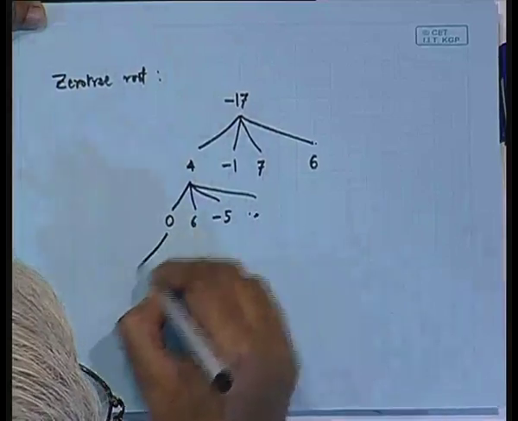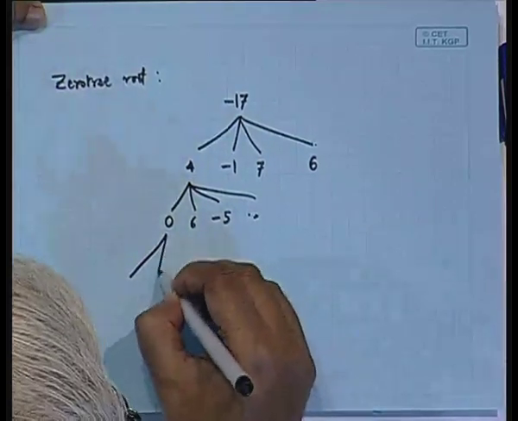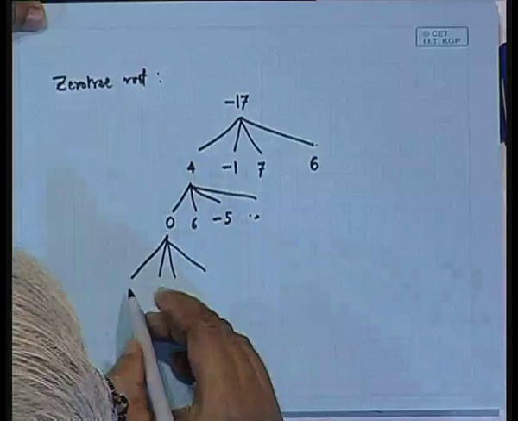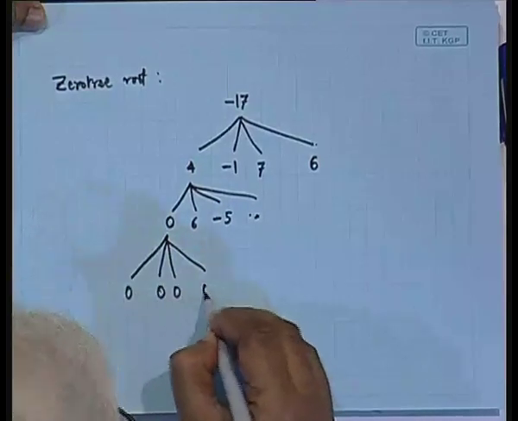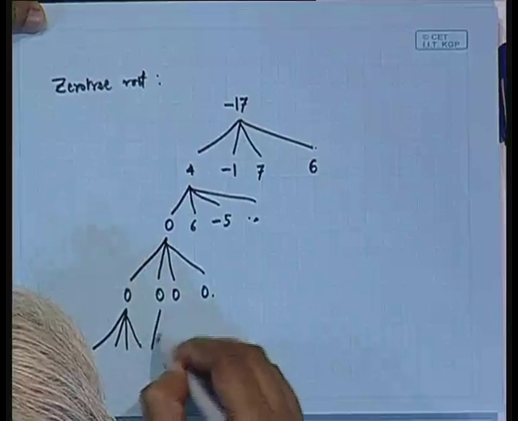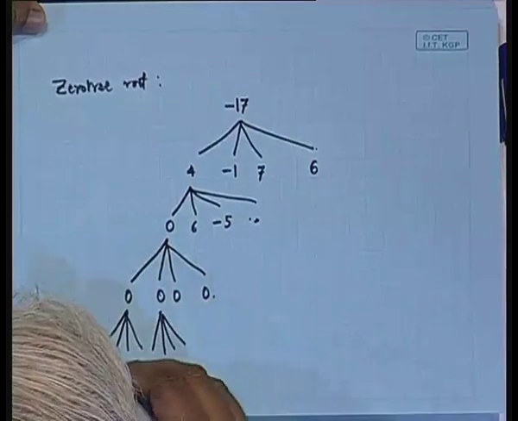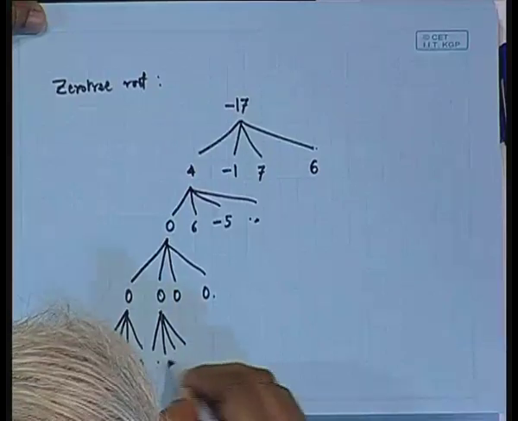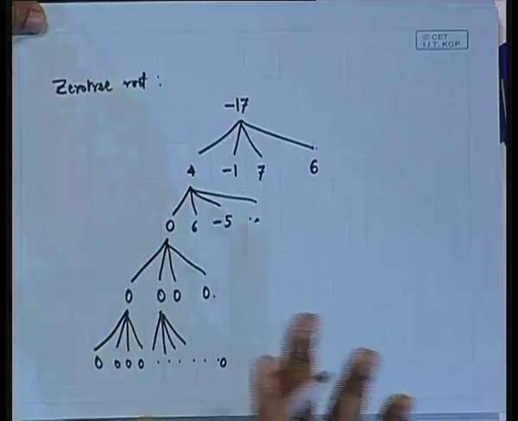Now, here I find that when I explore this, all its descendants are zeros. If I explore each of these, I find that all of these are zeros. Zeros means insignificant, sort of an insignificance.